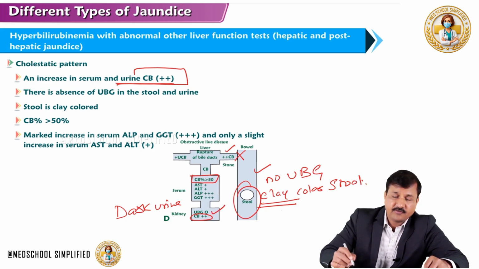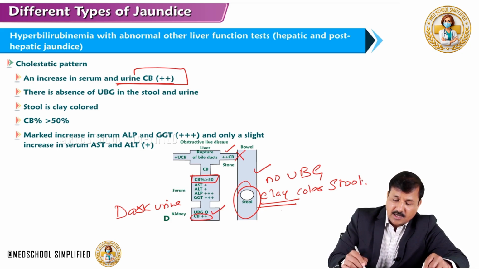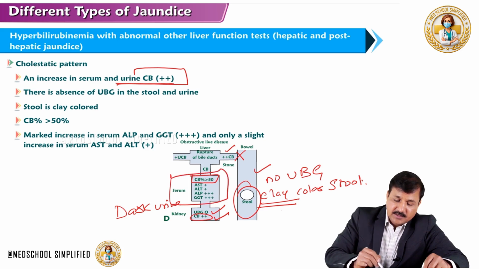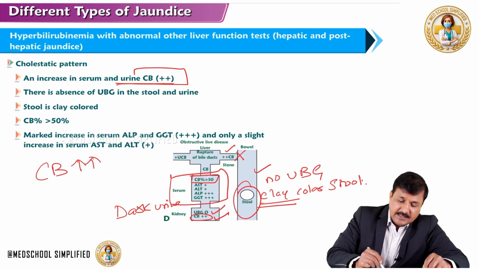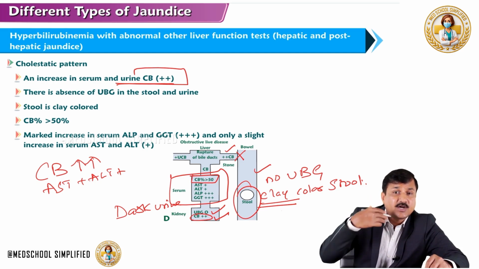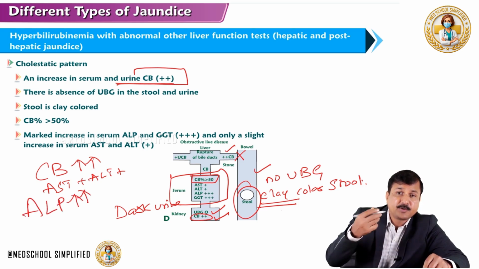You don't find urobilinogen in the urine also, but still urine is dark in color because conjugated bilirubin is more. And also look at the serum values here. Conjugated bilirubin is elevated, AST is just 1 plus, ALT is just 1 plus, because it's not a hepatic pattern, it's a cholestatic pattern, it is an obstructive pattern. So that's why ALP is elevated out of proportion to ALT.